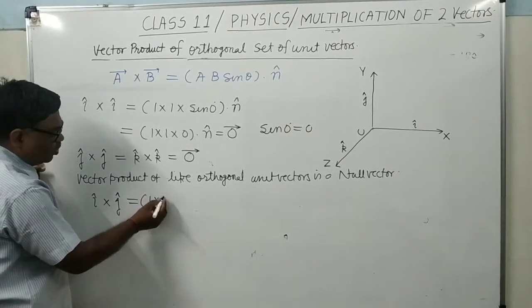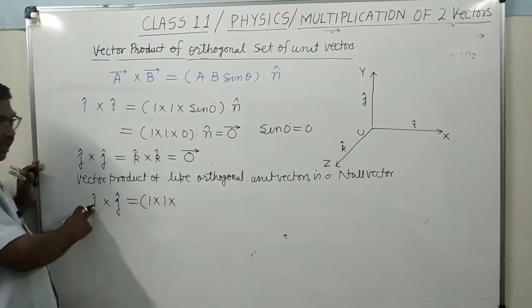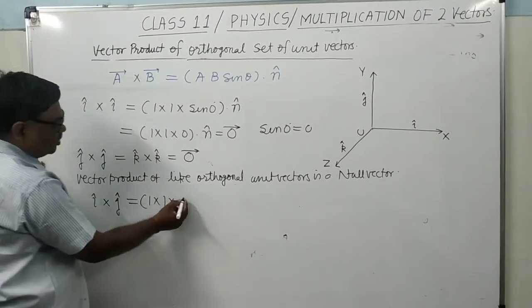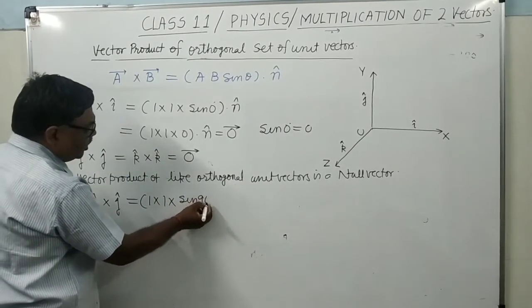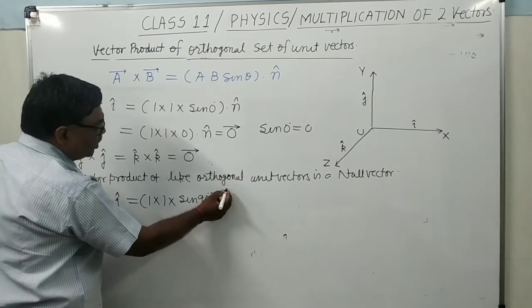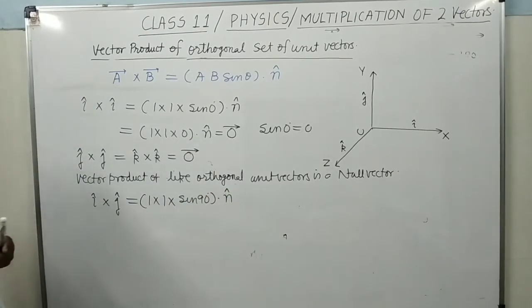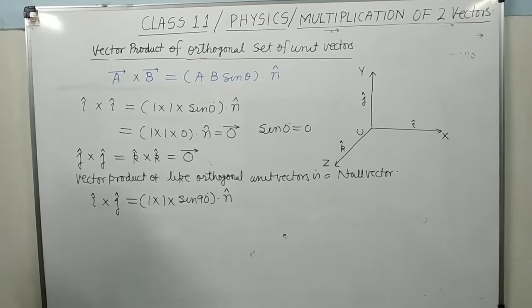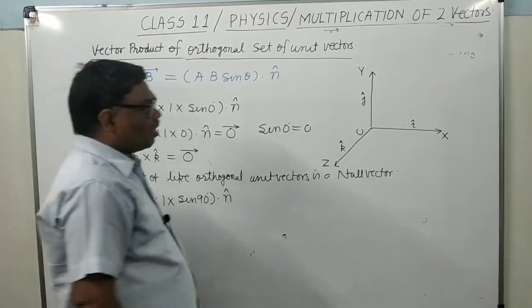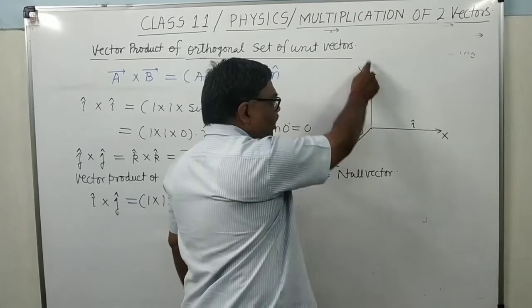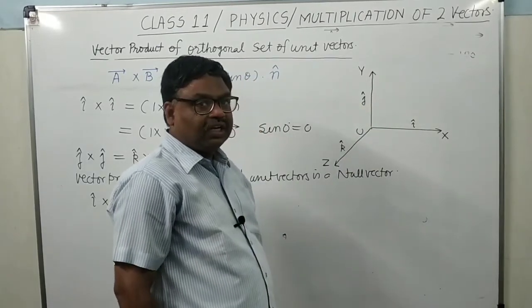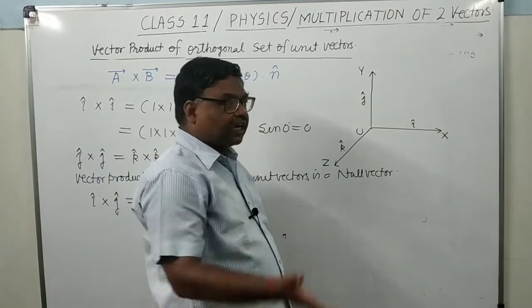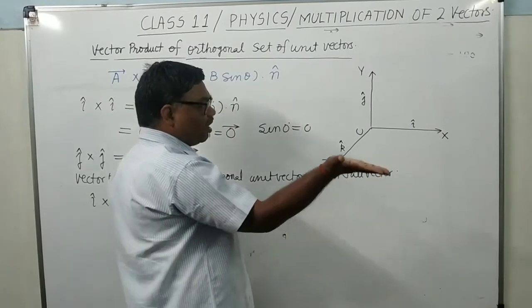It is 1, into 1, since this is along the x axis and this is along the y axis, so sine 90 degrees into unit vector n. As I have already told, unit vector n is normal to both vectors, and its direction you determine by the right hand thumb rule.